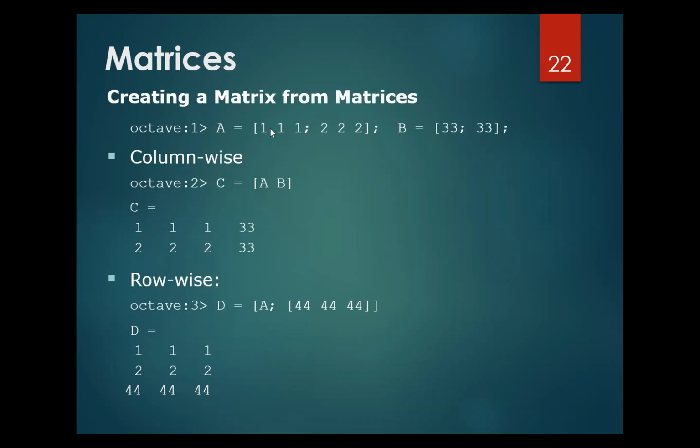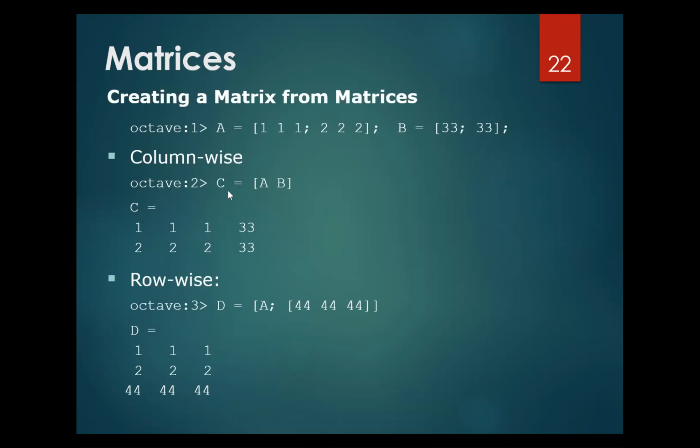This is the 2 by 3 matrix. And then we have another matrix, 33, 33. This is 2 by 1. 2 rows, 1 column. Okay. And we want to create a matrix out of that.